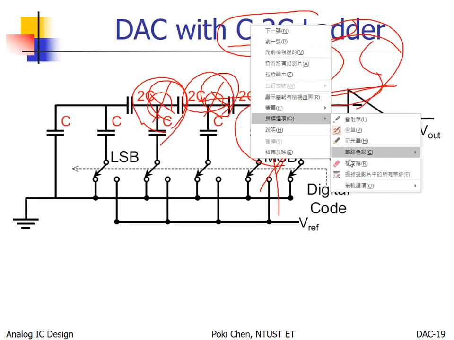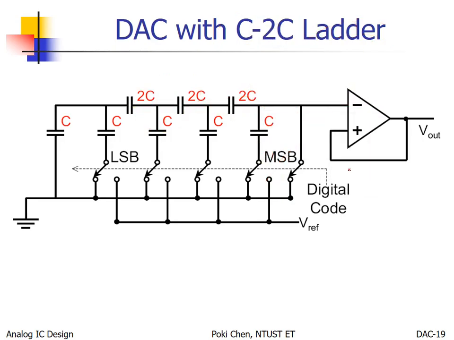Again, you say, hey, look, I can provide some kind of switches, right? To short all those nodes to ground, to do reset before operation. Congratulations. You can make it, but still in theory, not in practice. Why?